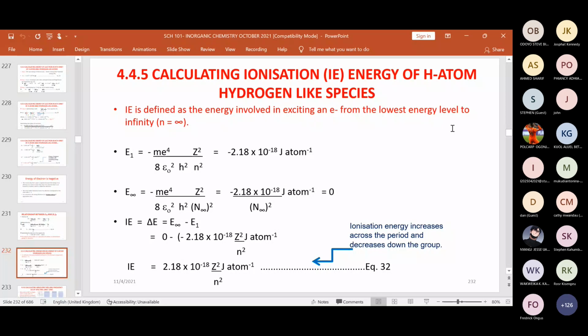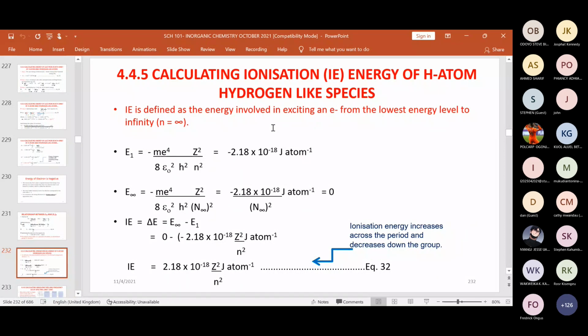So we substitute values here to try and calculate energy. Here we look at the energy involved in exciting an electron from the lowest energy level to energy level infinity. Infinity means that the value of n is very big, so we use the symbol infinity.